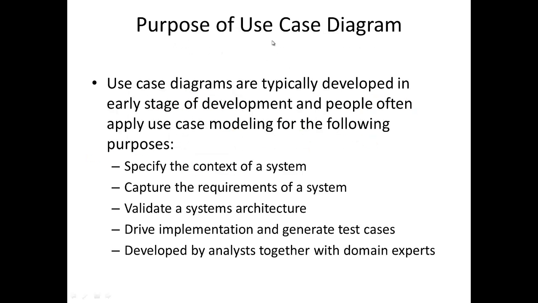Why do we use the use case diagram? In fact, the use case is generally developed in the early stage of development. People use it for the following purposes. The first is to specify the context of a system. The second purpose is to capture the requirements of a system. You know if you use language to describe the requirements of a system, it's very difficult.